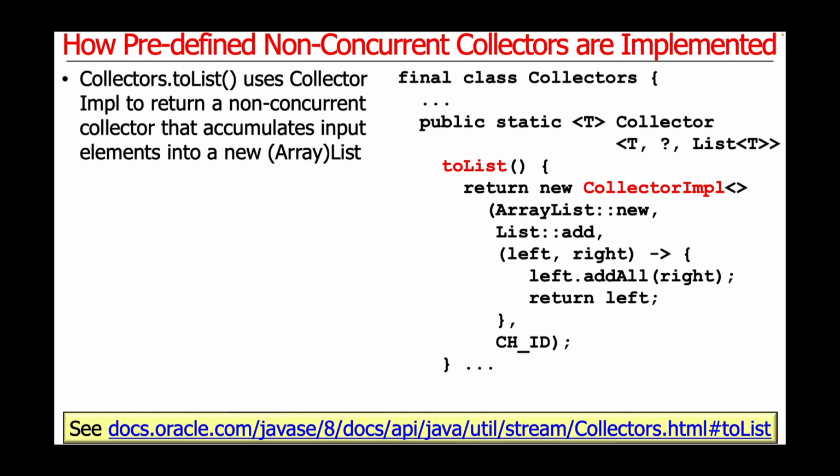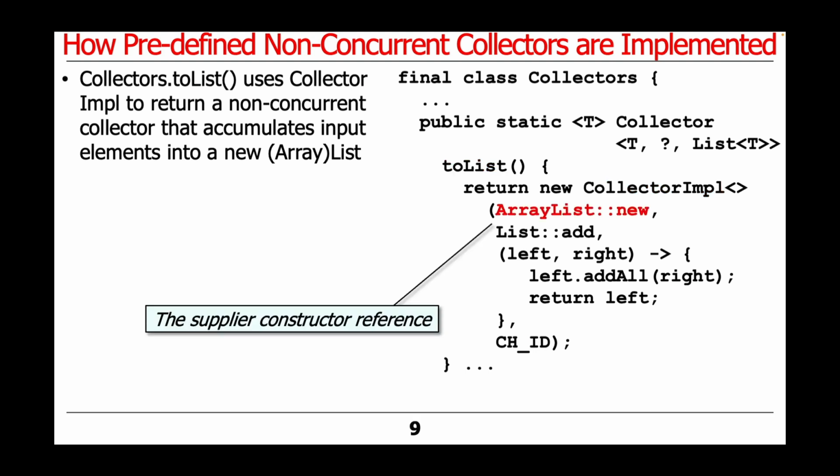So here's how Collectors.toList, which is a public method, uses CollectorImpl, which is a private class, to return a non-concurrent collector that accumulates input elements into a new list implemented as an array list. So here's what it looks like. Here's toList. Here's CollectorImpl. We make a new CollectorImpl. The supplier is ArrayList::new. So that's the supplier constructor reference that's passed in.